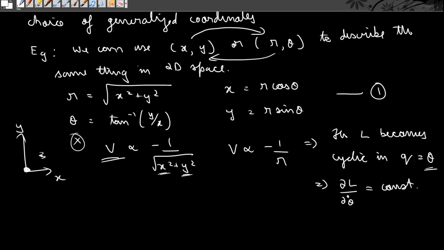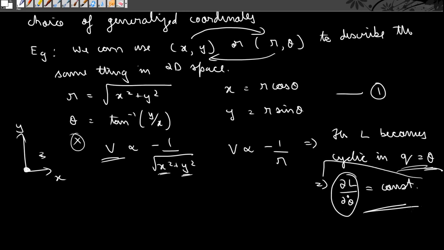This we have already seen. If the Lagrangian is cyclic with respect to some particular coordinate, then the corresponding conjugate momentum is going to be an integral of motion. And when this happens, it simplifies our problems by a lot, because we can eliminate a lot of algebra.